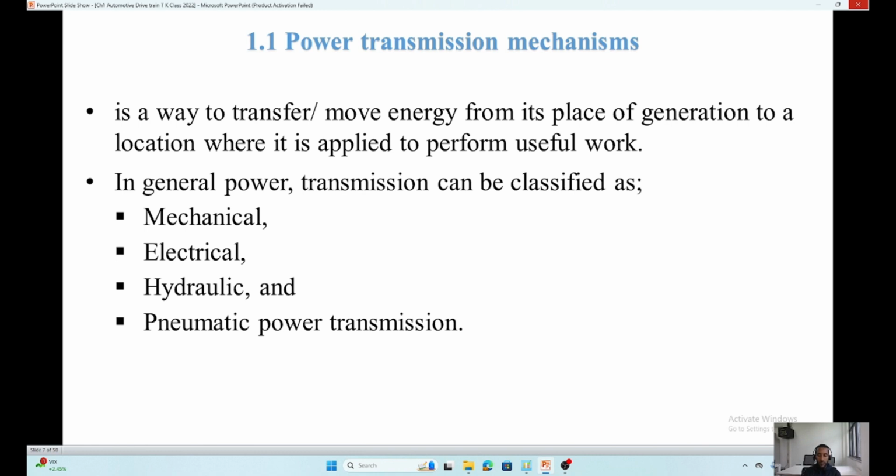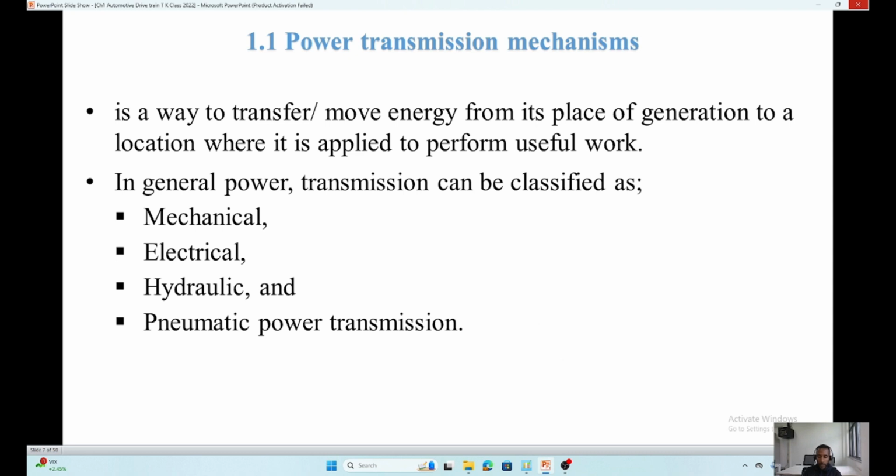Power transmission mechanism means a way to transfer or move energy from its place of generation to the location where it's applied to perform useful work. For example, we will generate some power in some area, and maybe that power is useful in some specific areas.